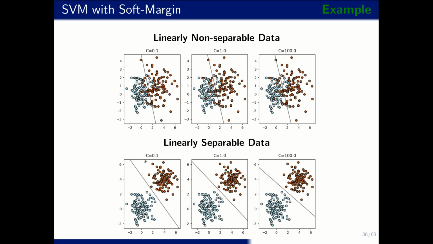C is here very small, which means we don't care too much about the slacks, but more about a small norm. And we see that this is not yielding the hard margin, since the hyperplane is very close to this red point, and only if C becomes rather large are we going back to the hard margin hyperplane.